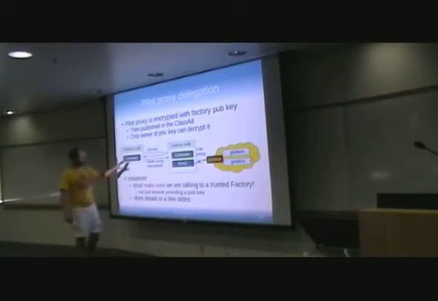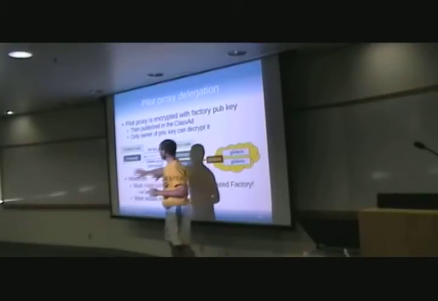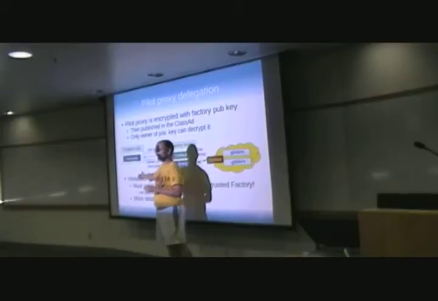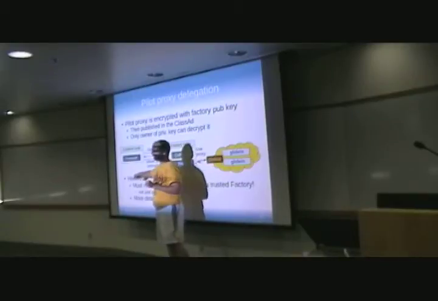Now, however, consider this. Anybody can publish a classad to the collector, any of the other frontends. Suppose you have 10 frontends from different VOs. What would happen if another frontend published, I'm a factory, I have a public key, and you would encrypt it with the public key. That external guy could decrypt that key and steal your proxy.